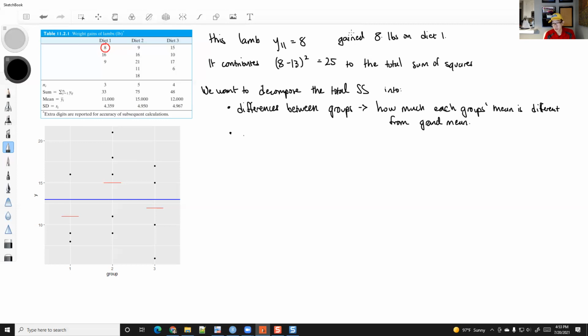And we also want to look at individual differences, which is going to say that each individual lamb is different from its own group. So even when you look at all the lambs on the same diet or within the same group, you still have differences there, right? So each individual shows differences from its own group average.